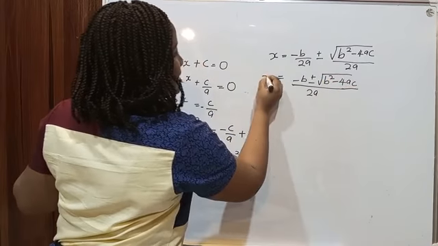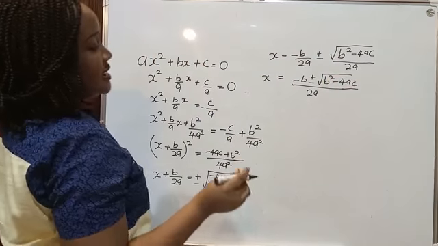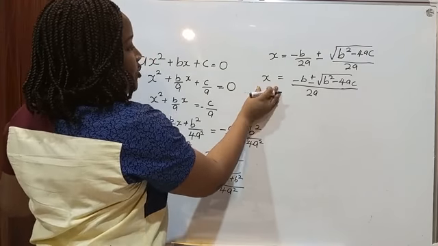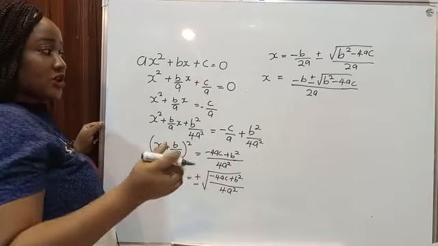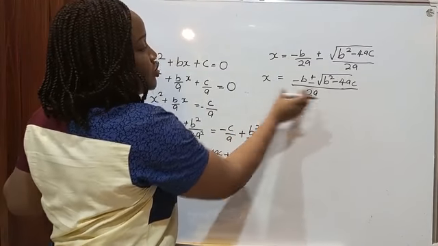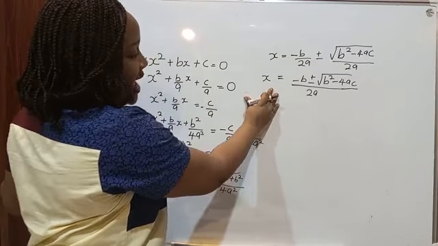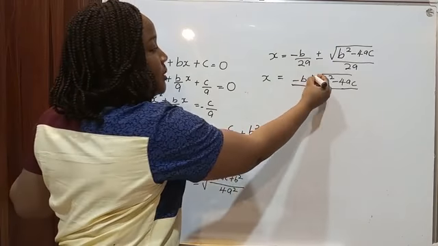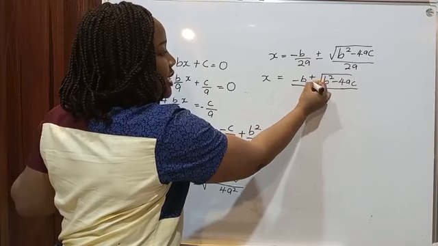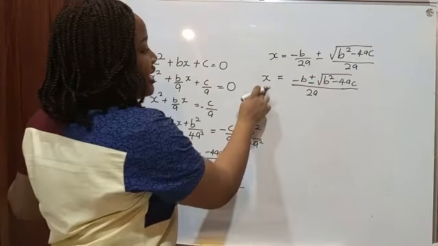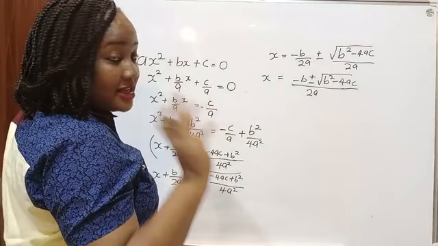So this is what the value of x will be whenever you have a quadratic equation. Any quadratic equation you have, once you use this formula, you should be able to find your x. And of course, remember, you will have two values because of this plus and minus. This plus and minus will make us have two values of x because it's a quadratic equation.